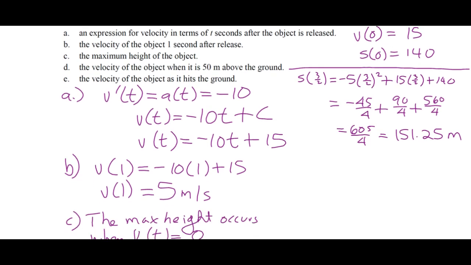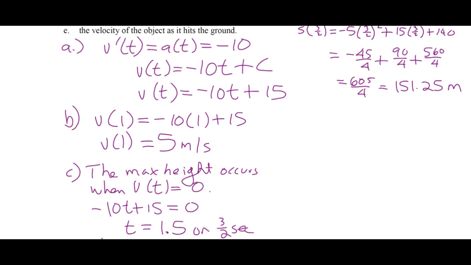D, the velocity when it's 50 meters above the ground. So what do we have to work out? What is t when s of t is 50?